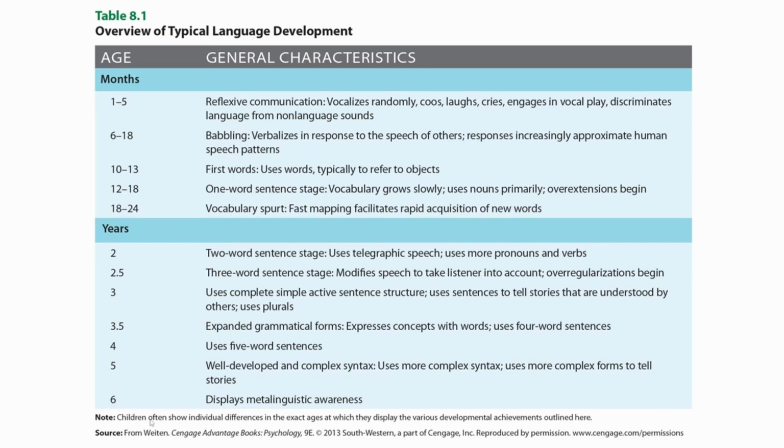So we have some notes at the bottom down here saying that there will be some variation. Some children will learn faster or slower than others. And there are all sorts of environmental factors that can influence this. Things like, do the children read a lot or not at all? What kind of schooling do they have? And so on and so forth. But we're just using these, like I said, as a reference point, but not something to memorize.